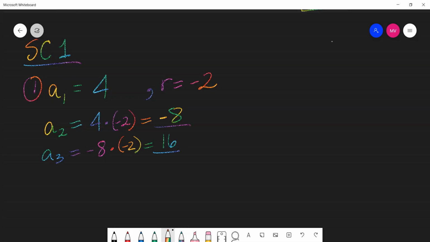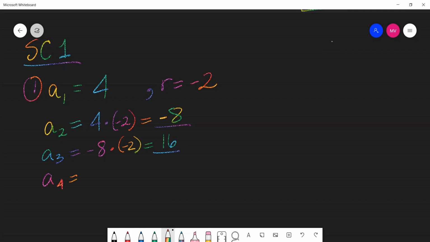Yes, we must know that it's positive because we have a negative times a negative. We're not subtracting, are we? Remember, a common ratio involves a common multiplier. So we must multiply times a negative. The term at position 4 equals what?